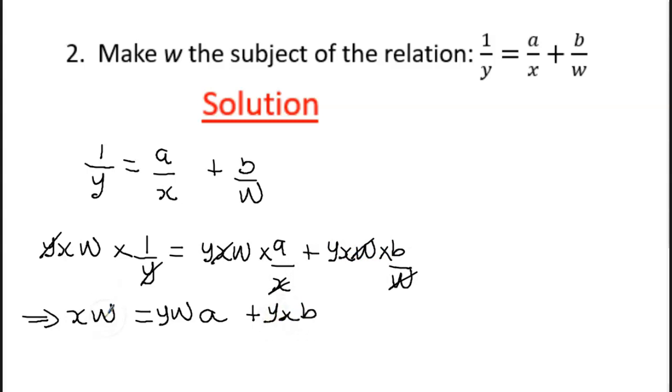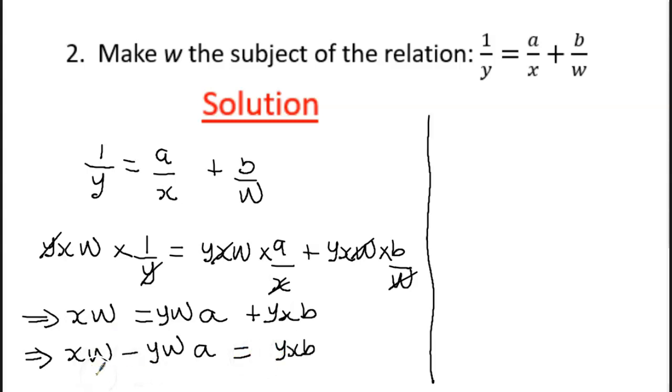We want to make w the subject. On the left hand side we have a term in w. On the right hand side we have another term in w. So we put them together. As we always say, we group the like terms. So this implies that x w minus y w a is equal to y x b.